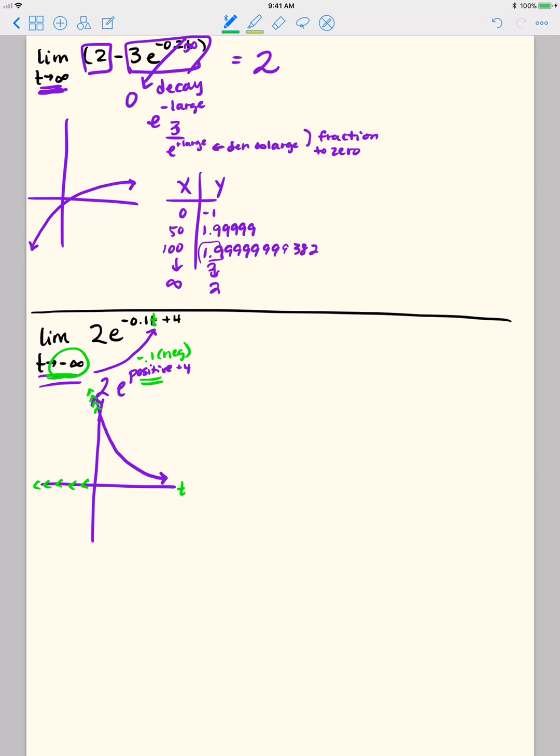Even if you add 4, it still is a positive number. And so as those numbers get more and more negative, the exponent on e gets more and more positive, and it just stays positive, and it ends up blowing up, and the limit value here goes to positive infinity. Again, we're looking as t goes to negative infinity, and when that happens for this decay function, the function values shoot up to positive infinity.